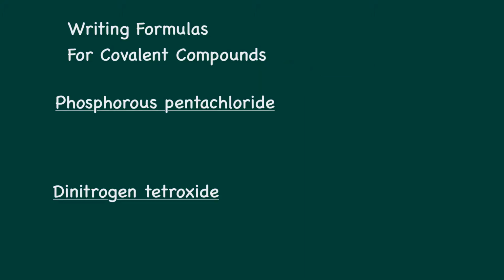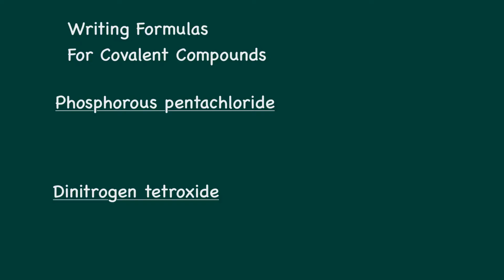So let's begin with writing formulas for covalent compounds, because writing formulas for covalent compounds is a lot simpler compared to some of the ionic compounds. So in front of you is phosphorus pentachloride.